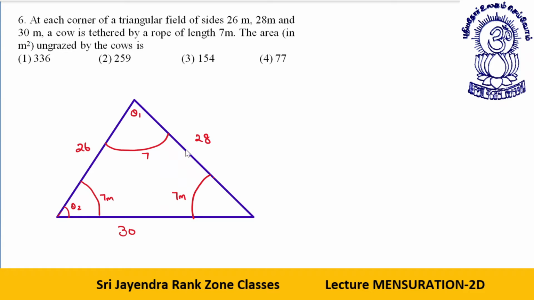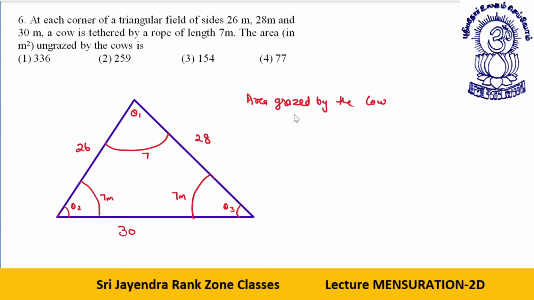Now what do we have? This angle is theta 3. Area grazed by the cow. What is the area that can be grazed by the cow?